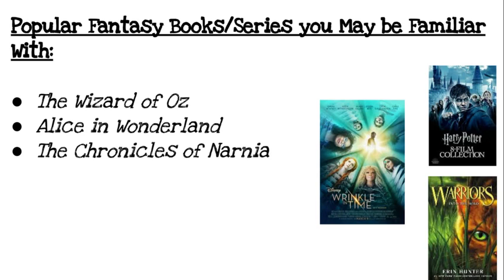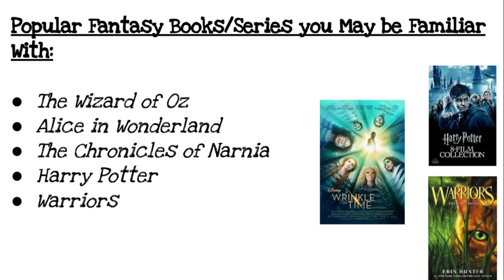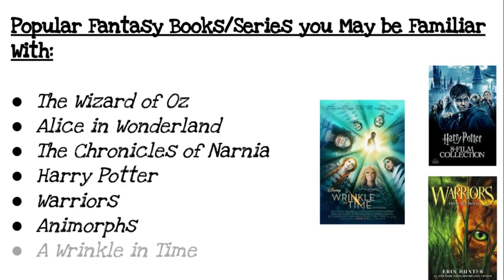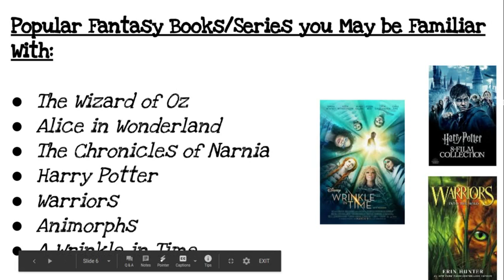The Chronicles of Narnia. That's a series, the first one being The Lion, the Witch, and the Wardrobe. You might be familiar with that book series or have watched the movie. Harry Potter, which I think is the big one that most of us are familiar with. Warriors. I included it down here. That might be a series that you're familiar with. Or Animorphs is another popular one. And finally, A Wrinkle in Time, which just came out recently.